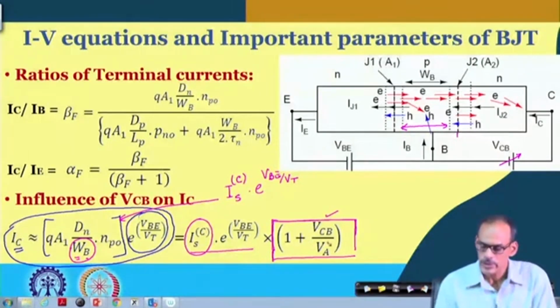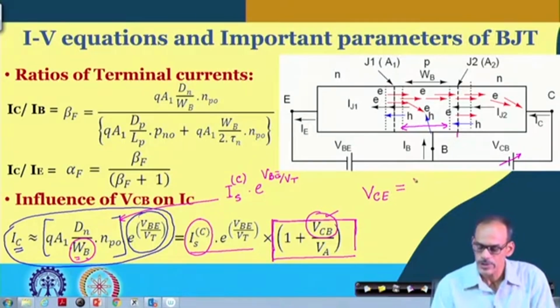Further to that, for circuit convenience, instead of considering this as a function of V_CB, we prefer to consider V_CE, because V_CE of course is not the same as V_CB; it is V_CB plus V_BE, and for all practical purposes if we change this V_CB or V_CE, this part is almost remaining constant, quote and unquote constant.